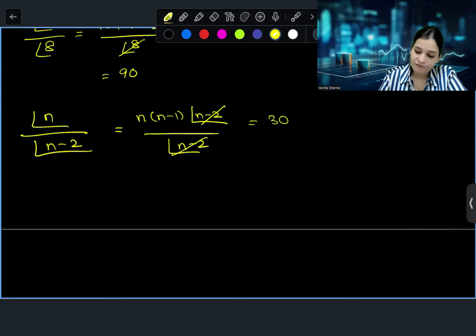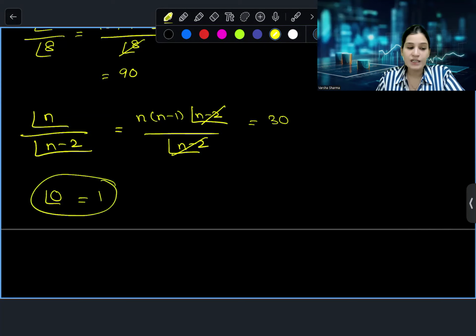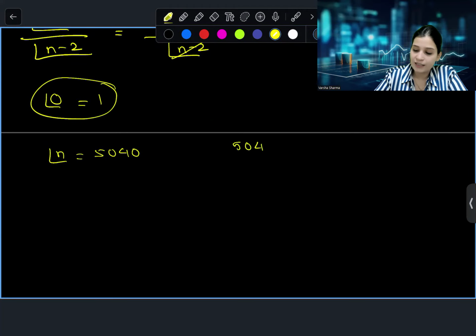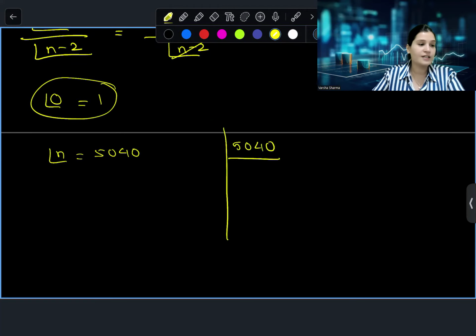Now remember that factorial 0 is 1. Memorize this. Factorial 0 value is 1. Rest you all can calculate. Can you tell me which factorial is 5040? If I want to find a number in terms of a factorial, what we do is we start dividing the number. You have a calculator. Divide the number by 2, 2520.